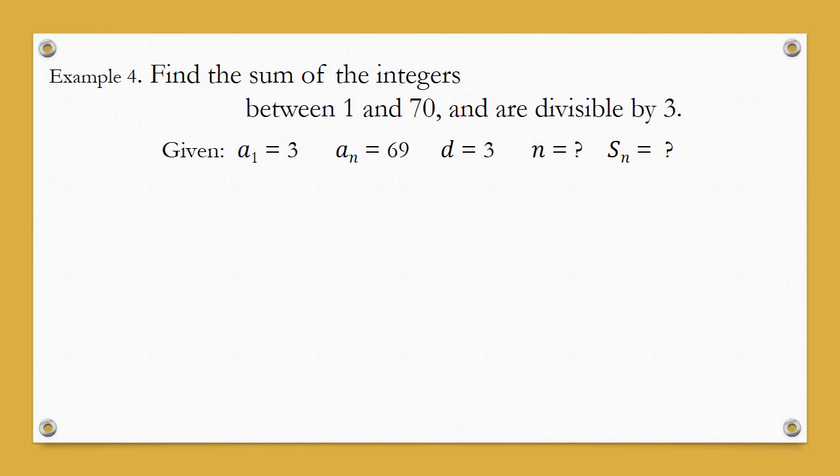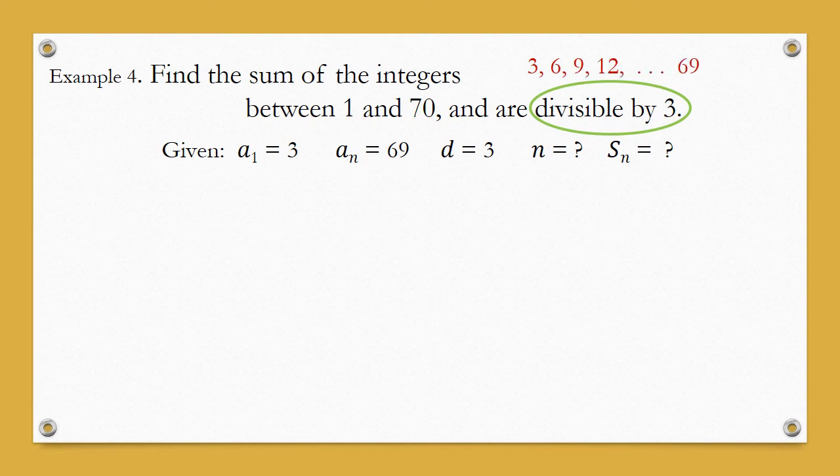Okay, ngayon, another example na naman tayo in solving problems. Find the sum of the integers between 1 and 70 that are divisible by 3. So, kung alam niyo ang divisible by 3, so from 1 to 70, ang divisible by 3 are 3, 6, 9, 12, and so on.